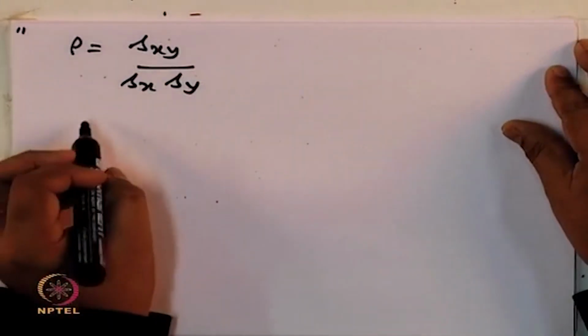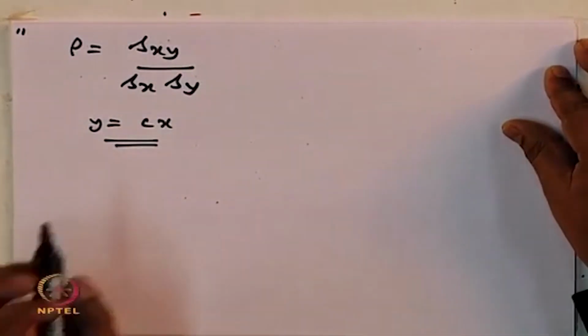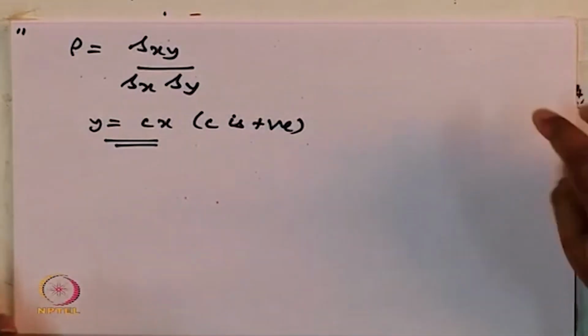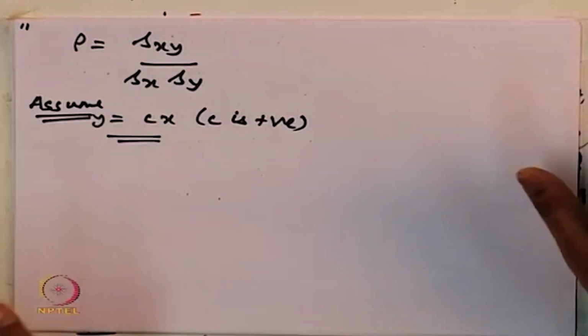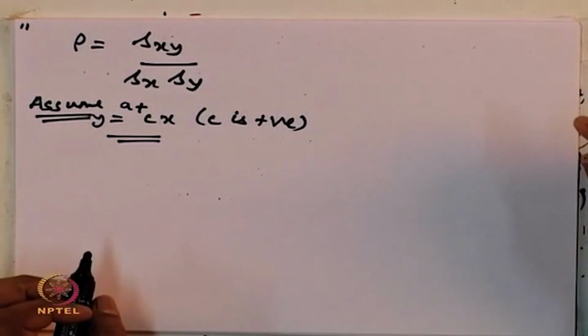Let us assume y is equal to Cx, where C is positive. So, we assume a very strong correlation. In fact, we can also assume A plus Cx to make it more general.